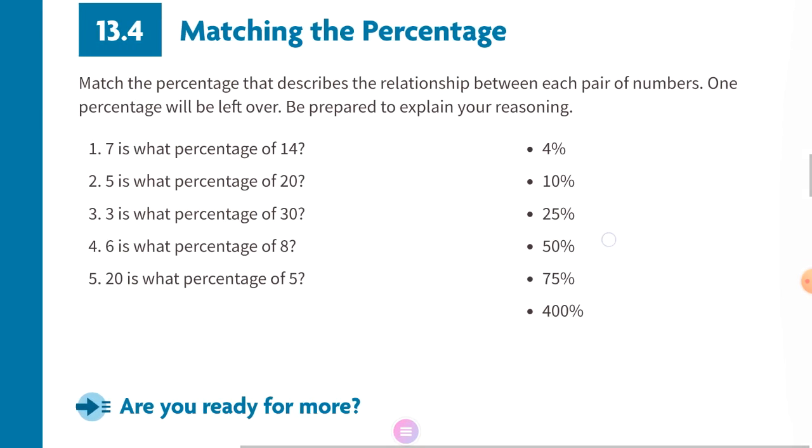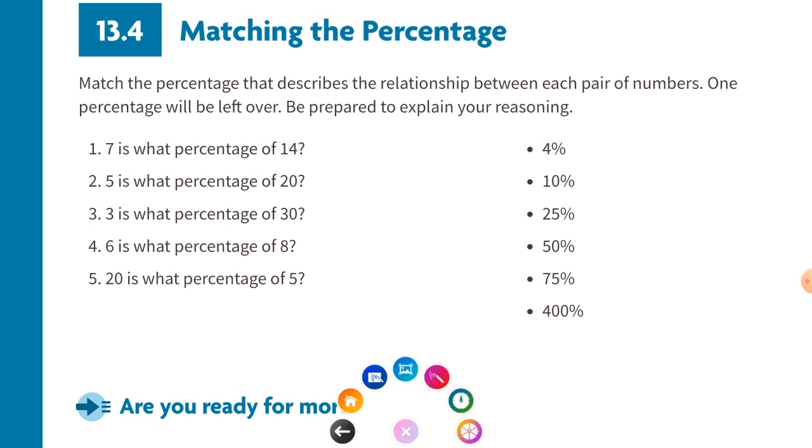Match the percentage that describes the relationship between each pair of numbers. 1 percentage will be left over. 7 is what percentage of 14, Lily? 50%. Why? Yeah, because 7 is half of 14. Good job.